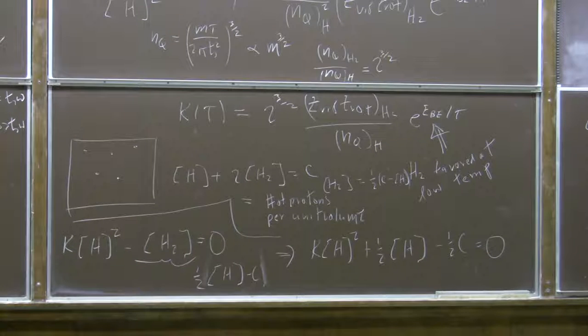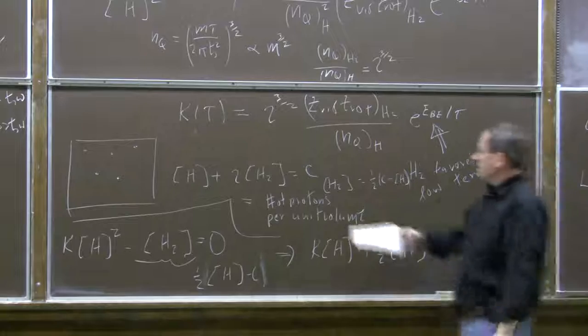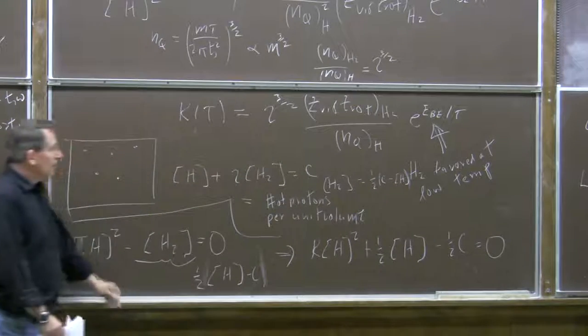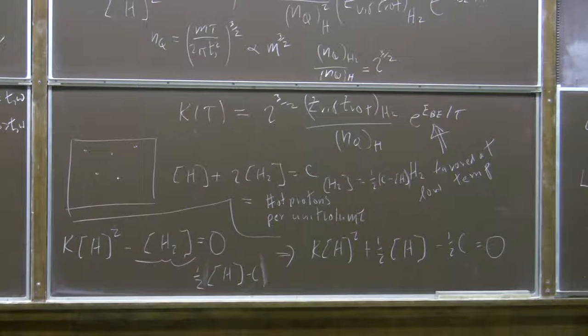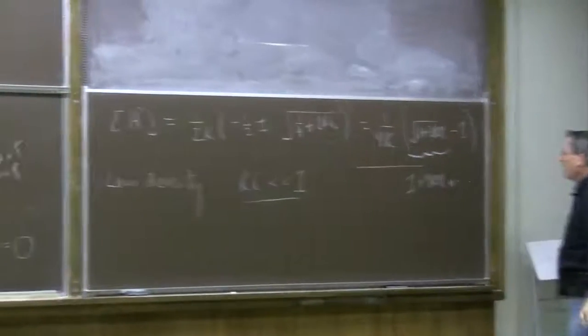So just to check that we didn't make a mistake, we can consider the limit of a low and high temperature or low and high concentration. At low density, or low density means that C, which is the concentration of protons, is small, well, that means I can take kc to be much less than 1, and then I can expand the square root as 1 plus 4 kc plus higher order.